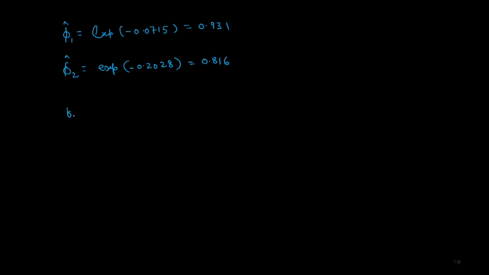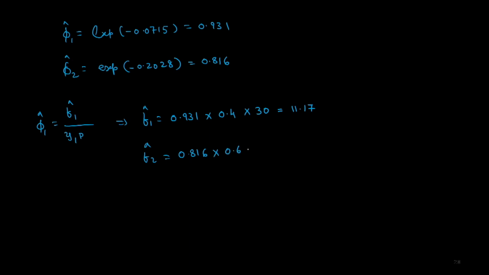And F1 hat by Y1P, this is phi1 hat, which means F1 hat is going to be 0.931 times Y1, which is 0.4, times 30. So that will be 11.17. And similarly, F2 hat is going to be phi2 hat, which is 0.816 times Y2, which is 0.6, times P, 30, which is 14.7 bar.